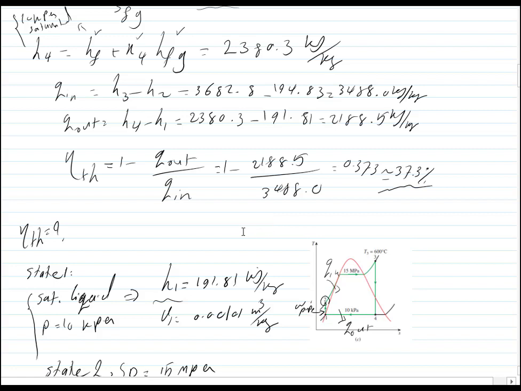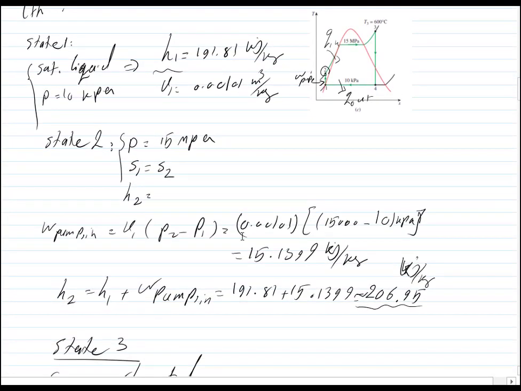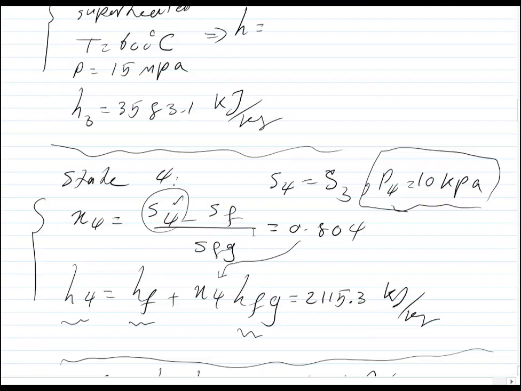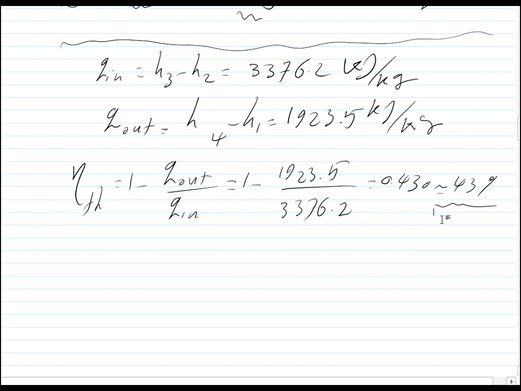The purpose of this example was to show you how much the thermal efficiency of the Rankine cycle changes by changing the superheated steam temperature, or the pressure of the steam in the boiler, or both of these methods simultaneously. You can see here the maximum thermal efficiency for the cycle is when we increase the superheated temperature and also the pressure in the boiler.